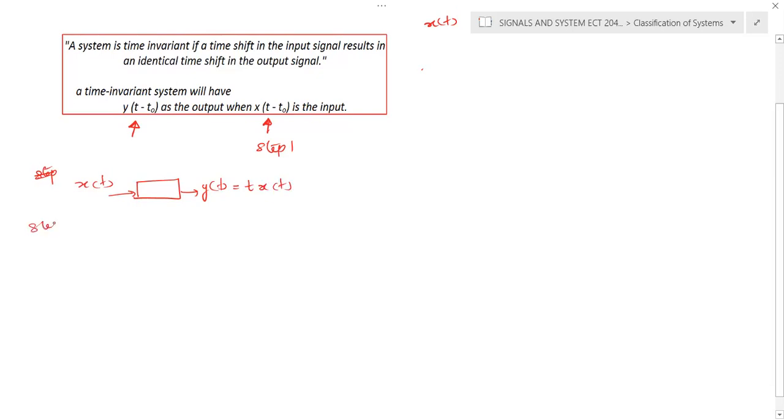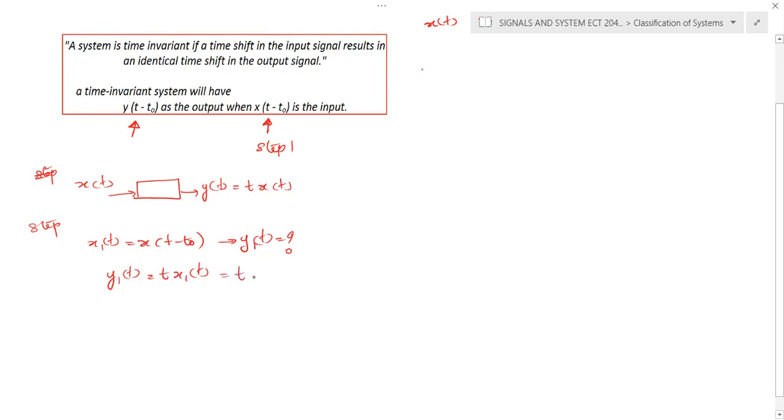Now in step 1, we will apply an input x1 of t, which is simply the shifted version of the input signal, that is x of t minus t0. Assume that for the input x1 of t the corresponding output is y1 of t. So you can write y1 of t is equal to t into x1 of t, and in place of x1 of t you can substitute x of t minus t0.